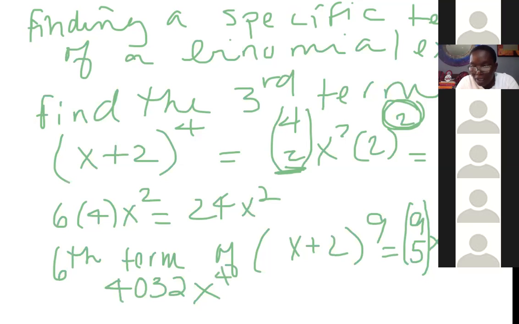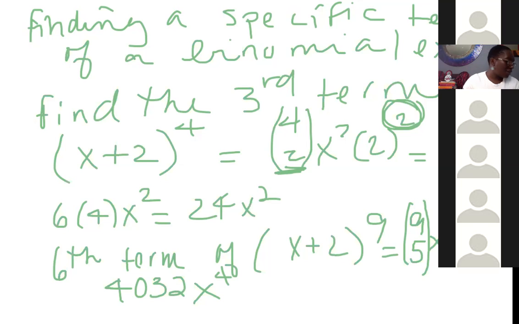Paige is giving me 1,152, and you're telling me, Lee, 4,032. Yeah, there's a discrepancy, guys. Wait, why is it 9 choose 5? Because 9, remember, is the power of the binomial. 5 is the power on the 2. Oh, okay, thank you. I got 4,032 also. Thank you, Gabby. Thank you, Laura. Okay, very good.